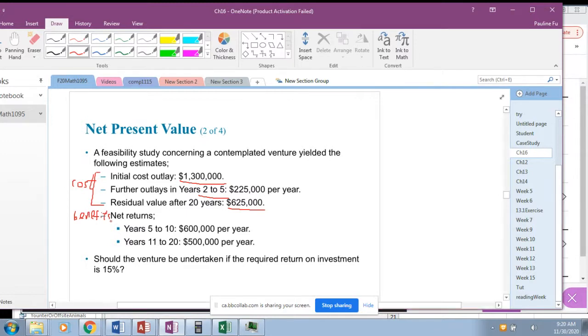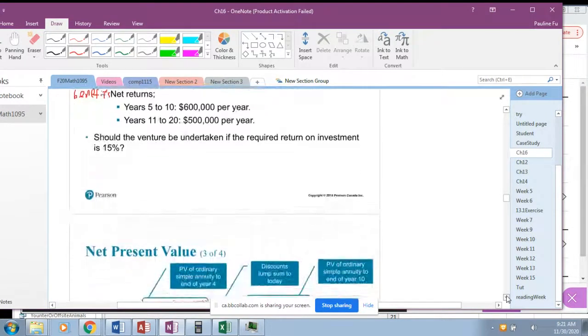You calculate the present value of the cost and the present value of the benefits, then compare. If the benefit is greater than the cost, you undertake the venture. If the benefit is smaller than the cost, you reject the venture. If the benefit equals the cost, it is arbitrary; you can accept or reject based on other factors. Seldom would you have a benefit equal to cost.